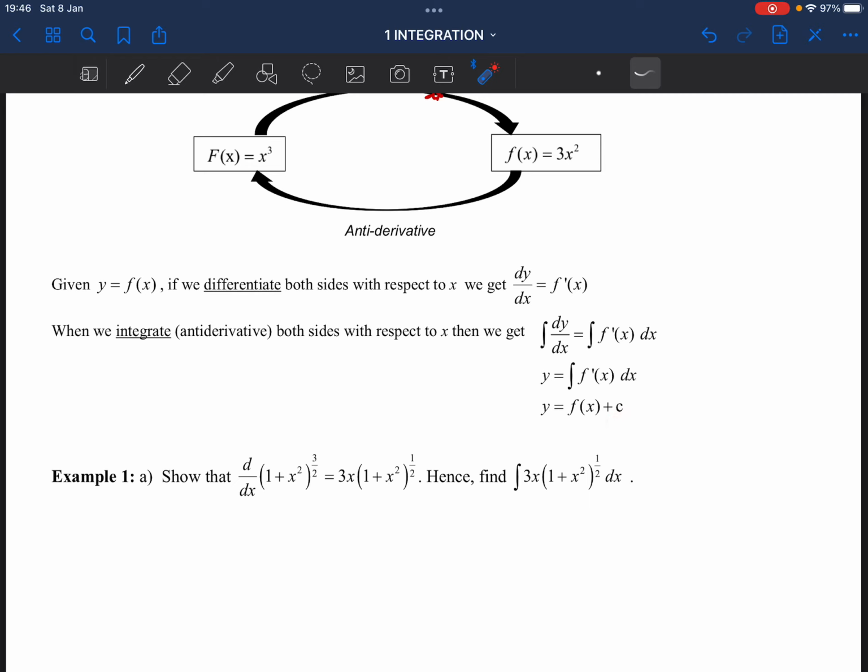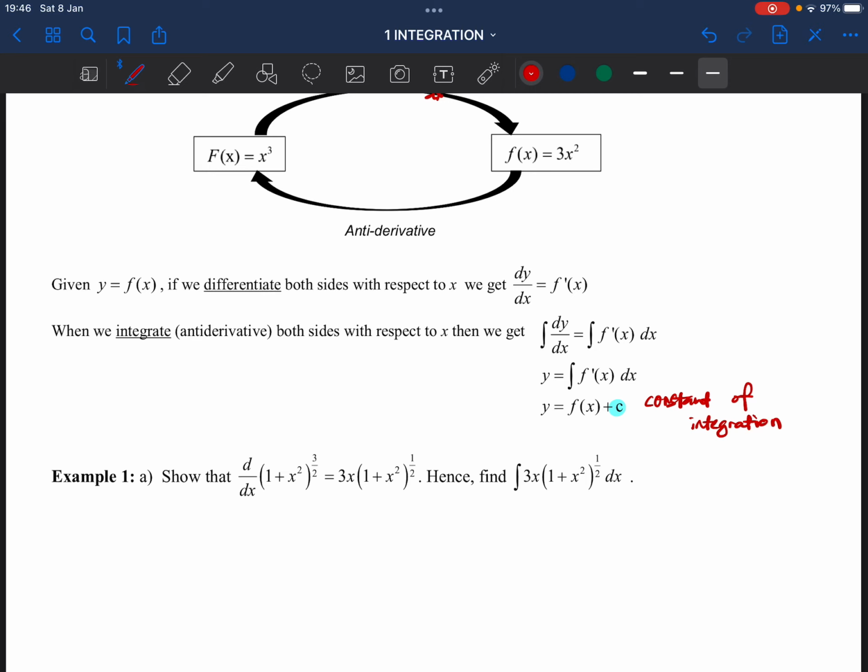So what does it mean by C? C is a constant of integration. Wajib kena tulis bila buat indefinite integral.